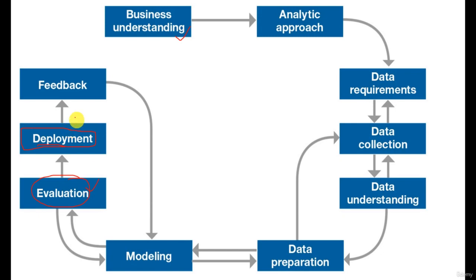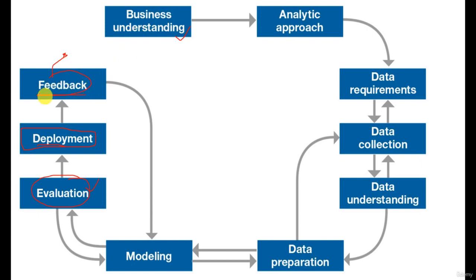After deploying the model, we are going to take the feedback from the customer. Now, if the feedback is good, then we go inside the deployment, log it, and continuously monitor and manage those problems and solve them.